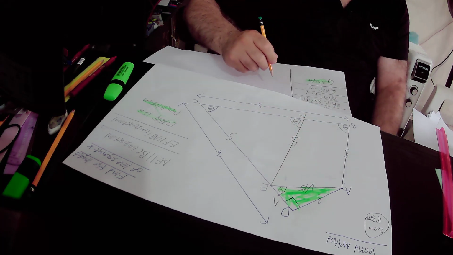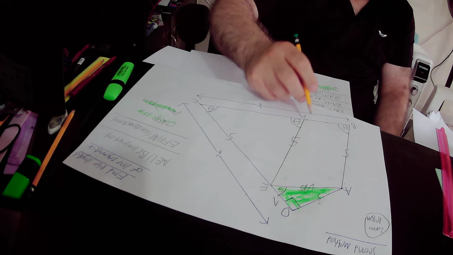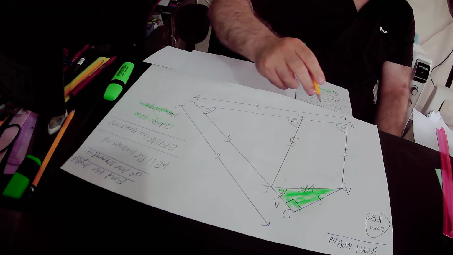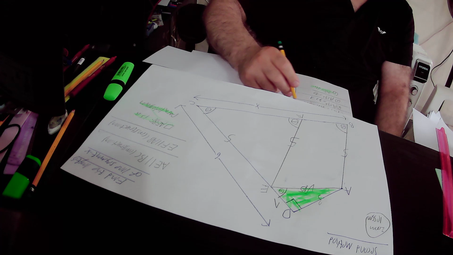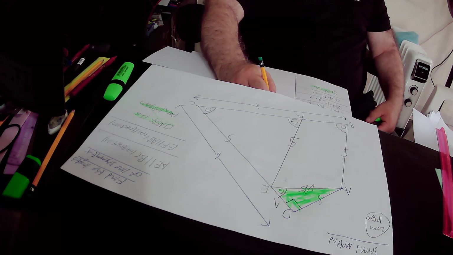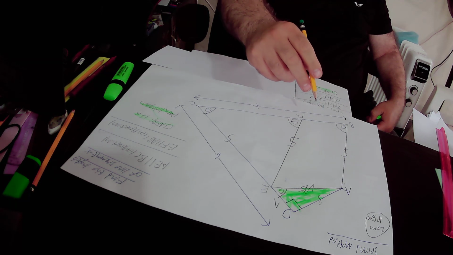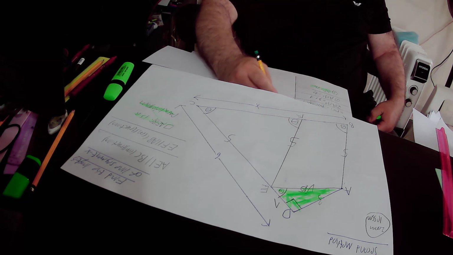Now we'll use rule number 4 in order to find the length of side BF. We'll focus on parallelogram AEBF.